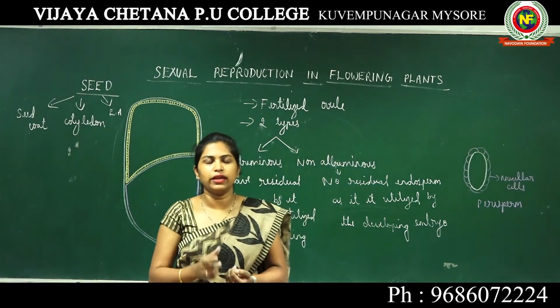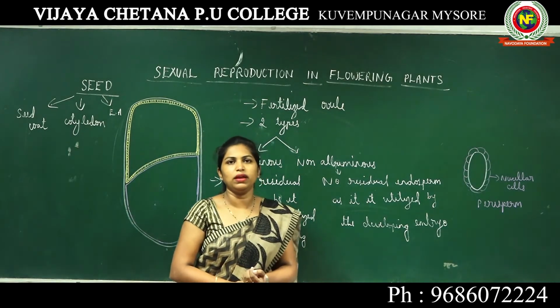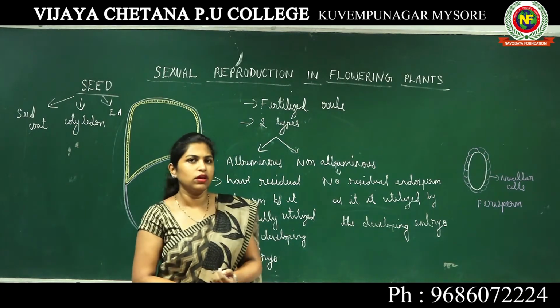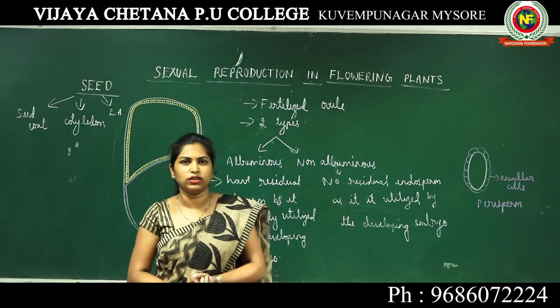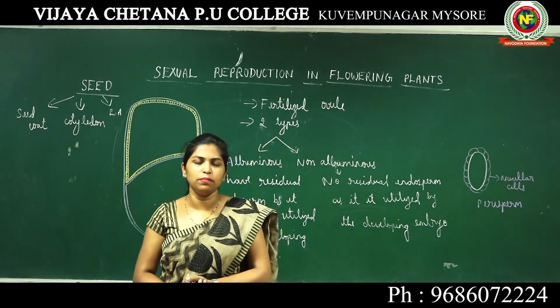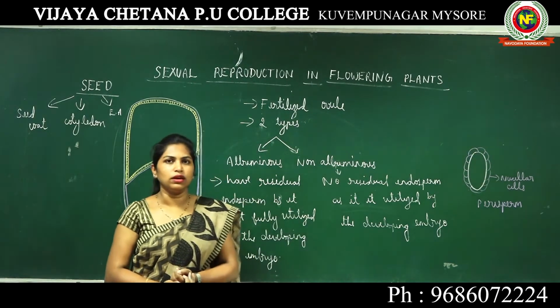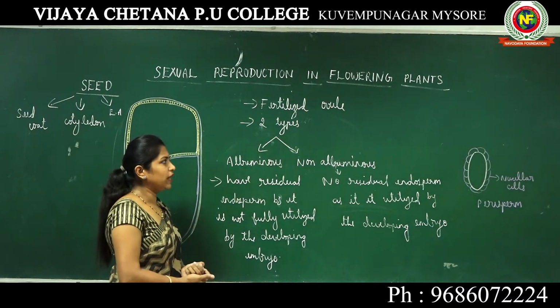When the seed is in a dry condition, the embryo will be in a condition of dormancy, that means it is not active. When the seed gets favorable conditions, the embryo starts germinating and starts producing a new plant.